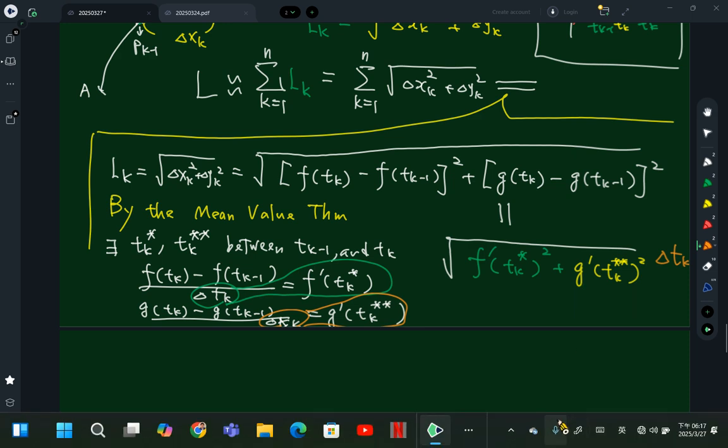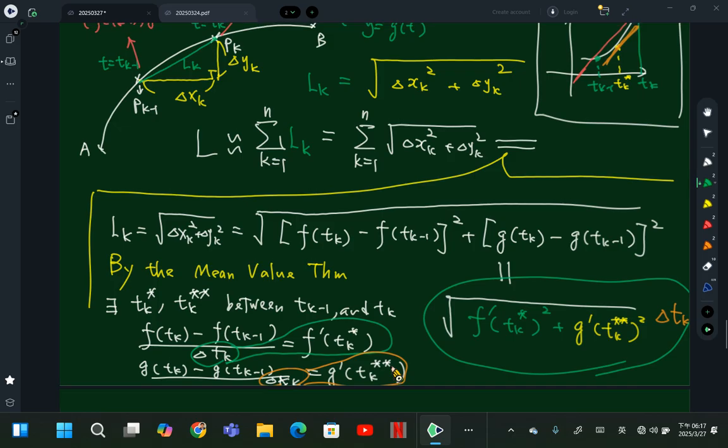Okay, so after we have this, the whole expression will become the sum of the square root of f prime t_k star squared plus g prime t_k star star squared, times delta t_k.